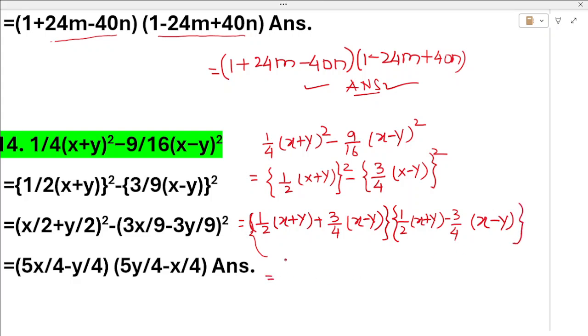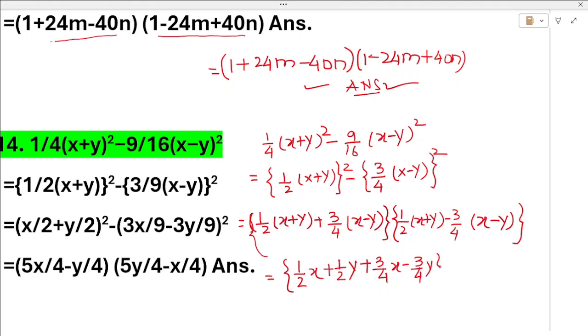Open the first bracket: 1 by 2x plus 1 by 2y. Now open the second bracket inside the first bracket, 3 upon 4 x minus 3 upon 4 y.